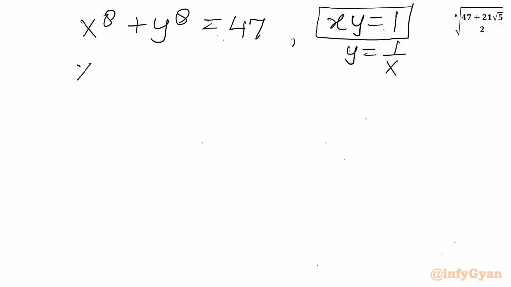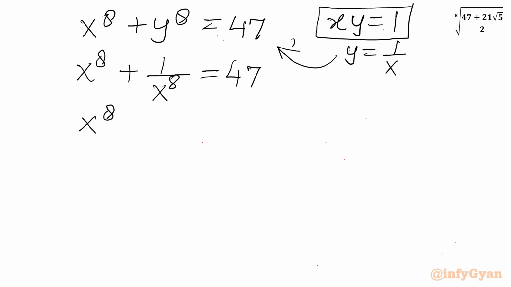So I can write x^8 + 1/x^8 equal to 47. Now I will add 2 to both sides. So I will write x^8 + 1/x^8 + 2 equal to 47 + 2, which will be equal to 49.